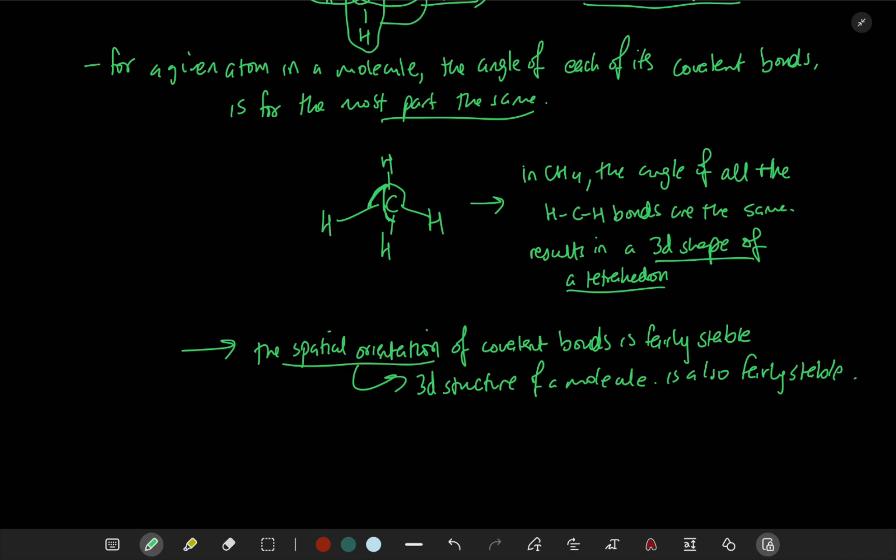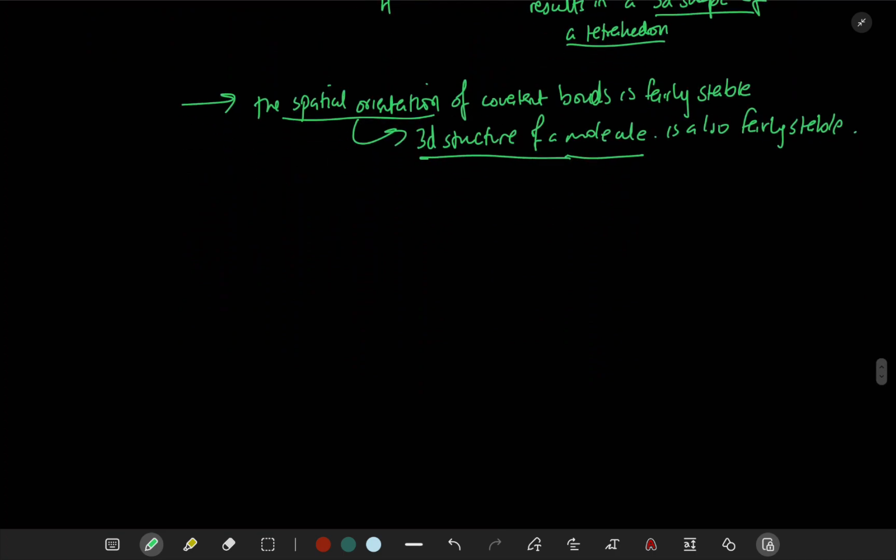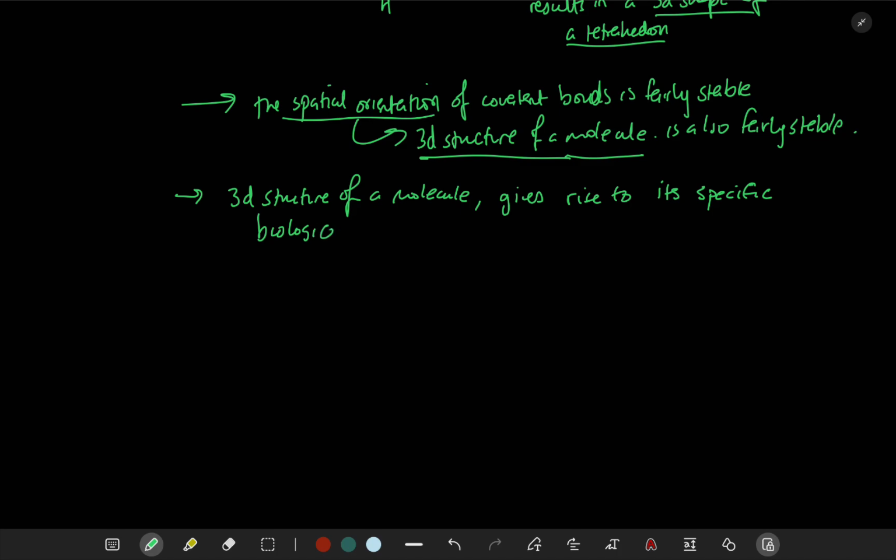Now, another important thing to note is that we said the spatial orientation gives rise to the 3D structure of a molecule, right? But what's also important to note is that the 3D structure of a molecule, especially in biology, gives rise to its specific biological role or function.